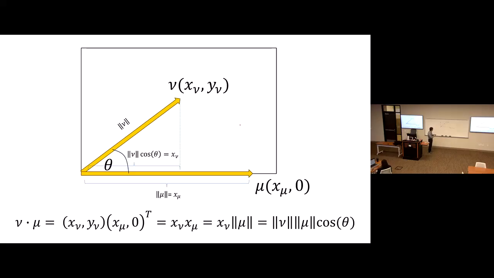So now let's write the multiplication of these two. The multiplication v·u, written out, will be (x_v, y_v) times (x_u, 0) transpose. So this is a dot product; you have to have two vectors.